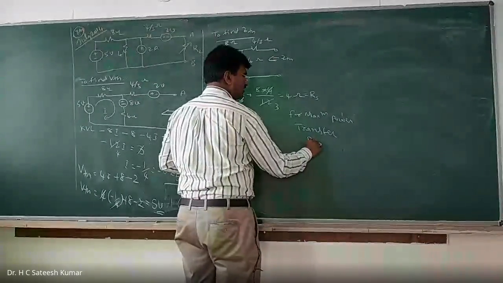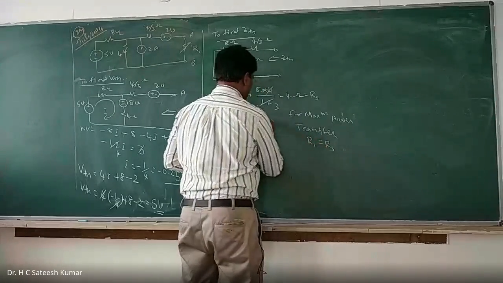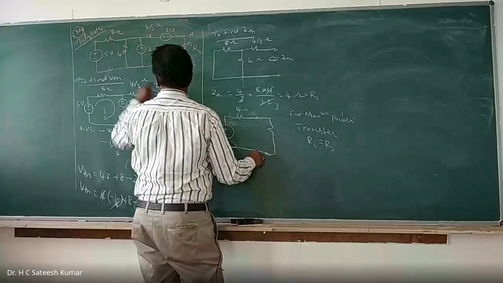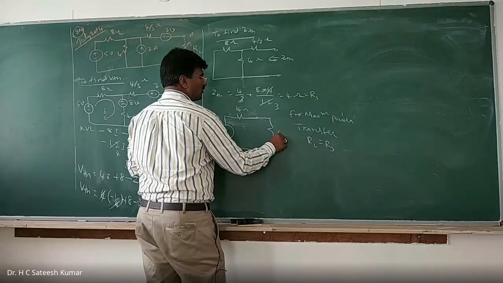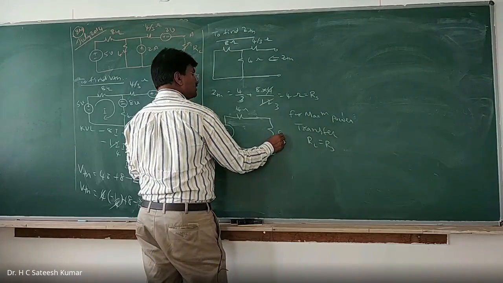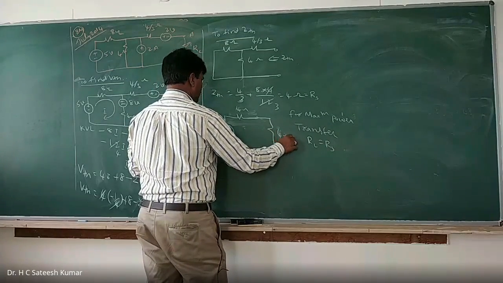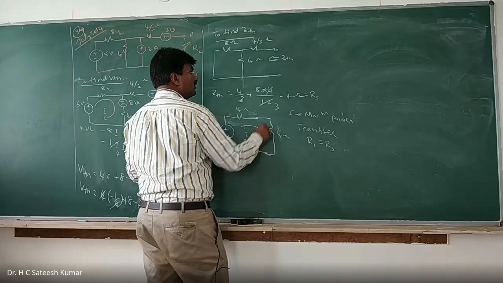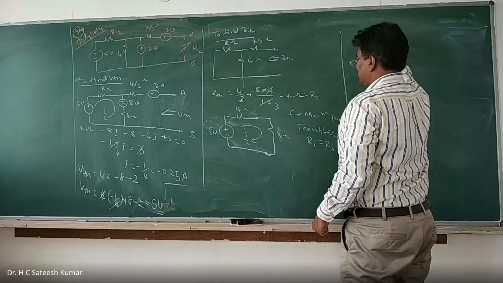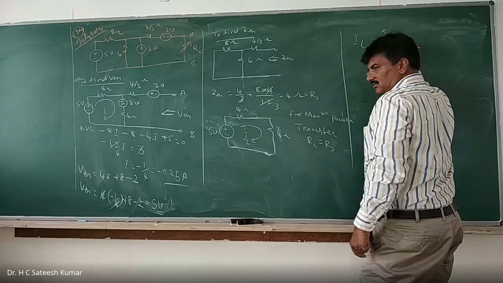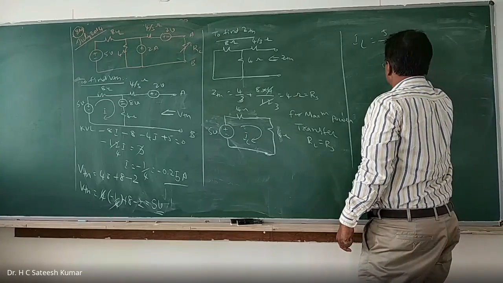Therefore RL is equal to RS. This load is a pure resistance and the source has only resistance. So therefore, resistance 4 ohms. Okay, find out IL. IL is equal to 5 divided by 8. How much is that?